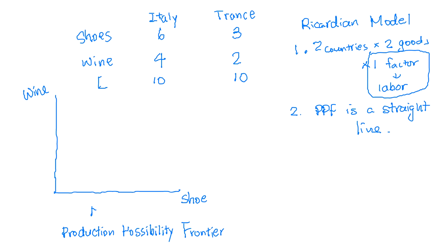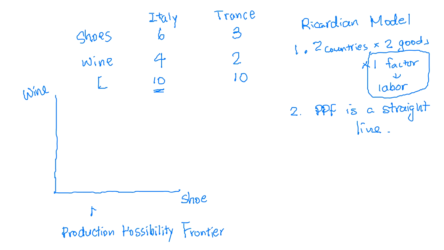So if I assume Italy's population is 10 or labor endowment is 10, what is the maximum number of shoes that they produce? Remember that the PPF is a bundle of the production goods, right? So now I have two production goods, which are shoes and wine. Exactly, Mel, thank you for your answer.